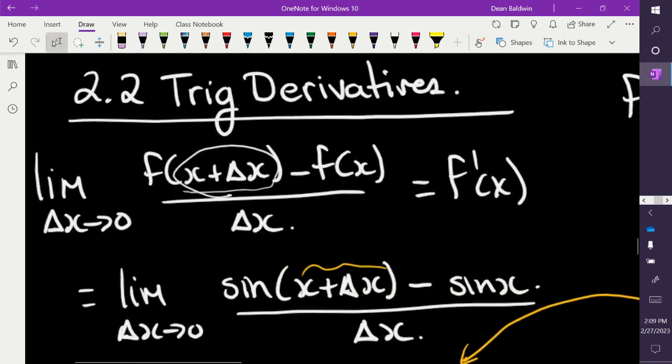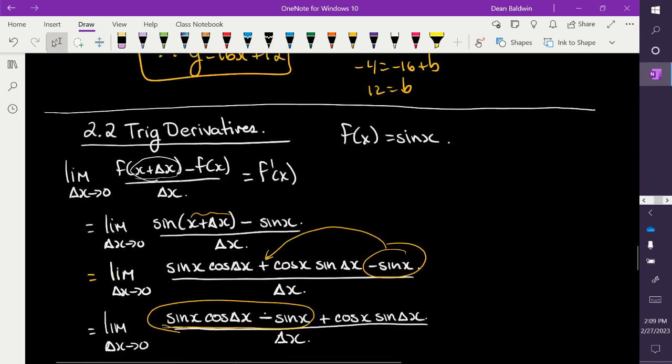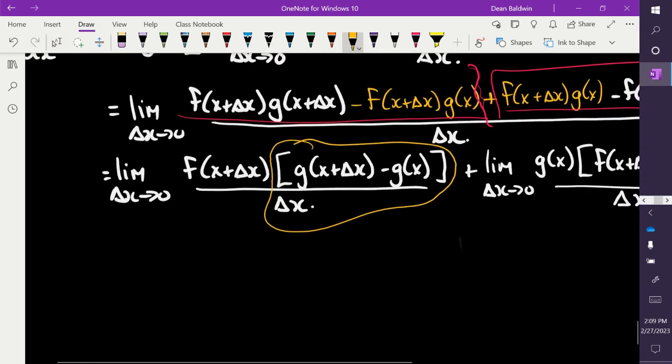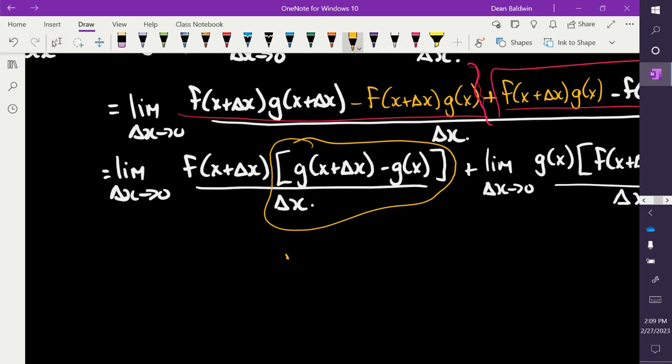It's that. Right? So what did we generate? This part that I circled in yellow is g prime, right? Because it's the limit as delta x goes to 0 of that gunk. The other part, this f function, if I put delta x is 0 in here, I'm left with f of x.